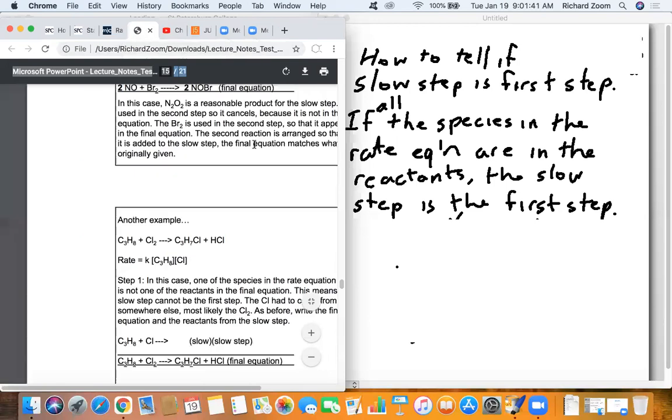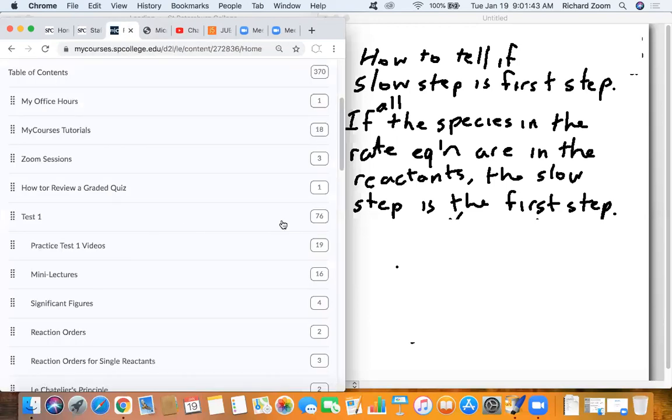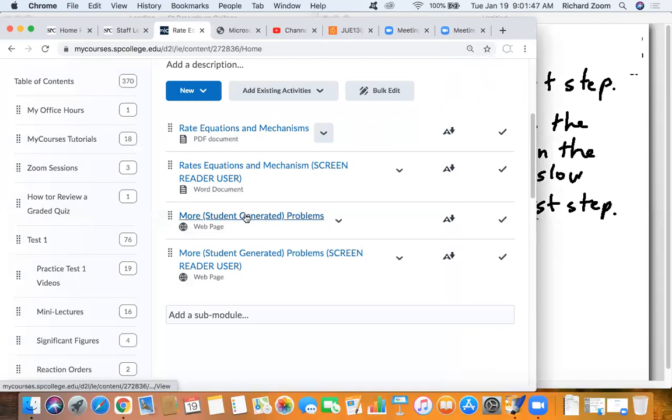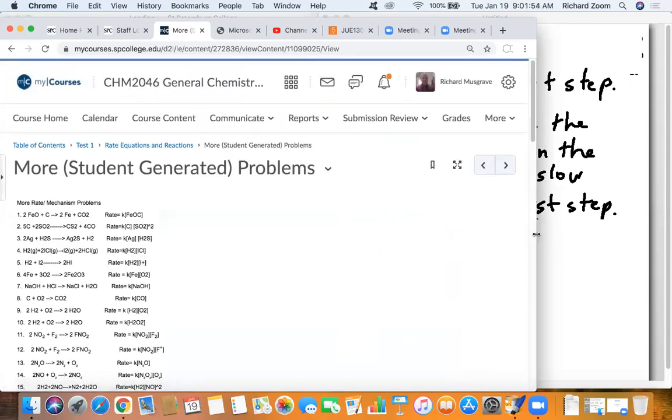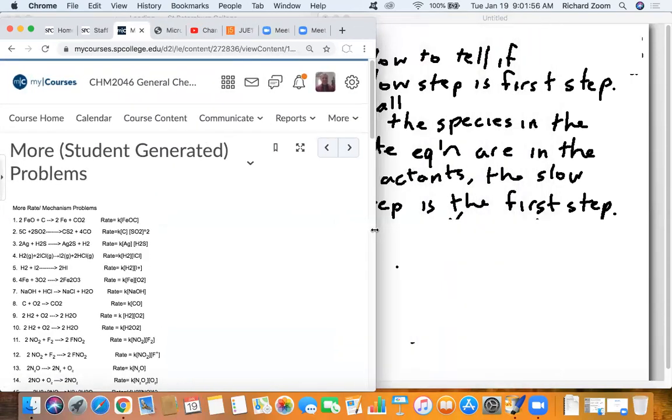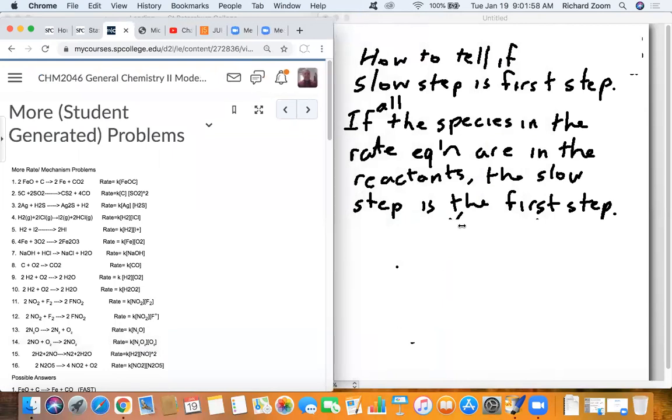Okay, I do have some more of these, and I'm not going to do all of them, but we'll do a couple more here. Let's look at number one.